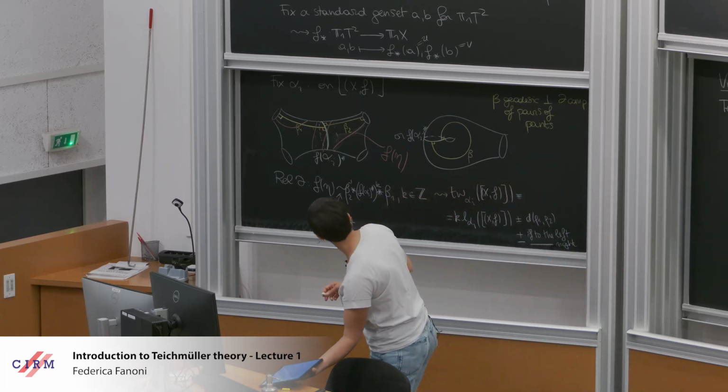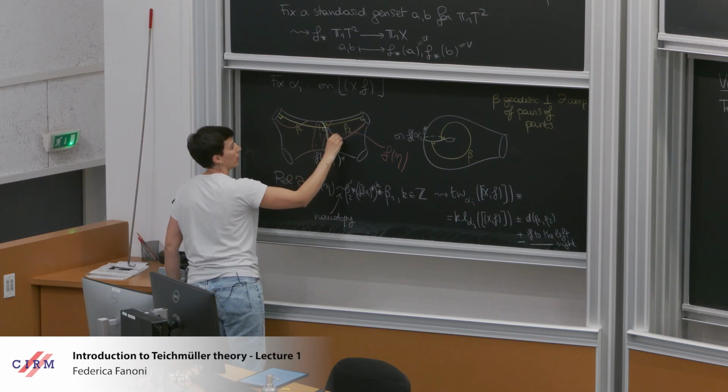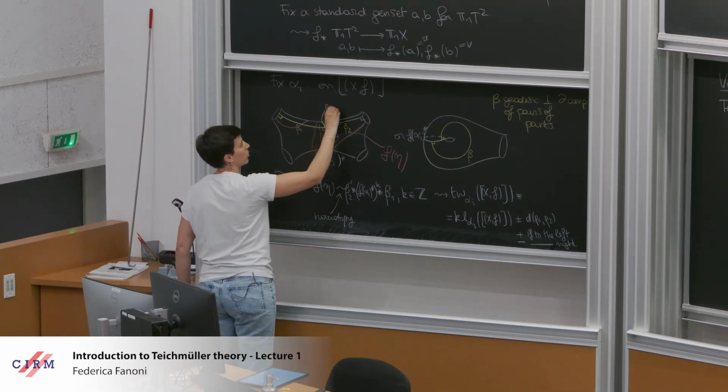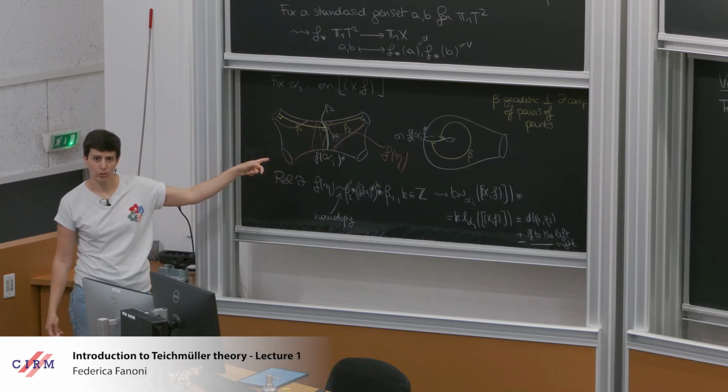And P1 and P2 are these 2 points here where beta 1 and beta 2 project onto the curve.